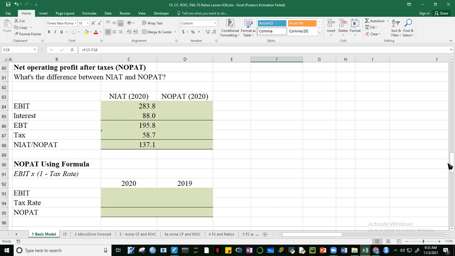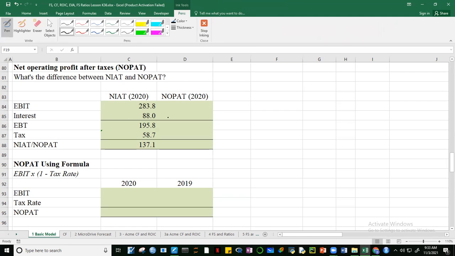Now, the difference lies, guys, in the word operating. Okay, so let me use my digital pen. Notice, guys, net operating. Okay, so net, there's this word operating. Okay, net operating profit after tax.